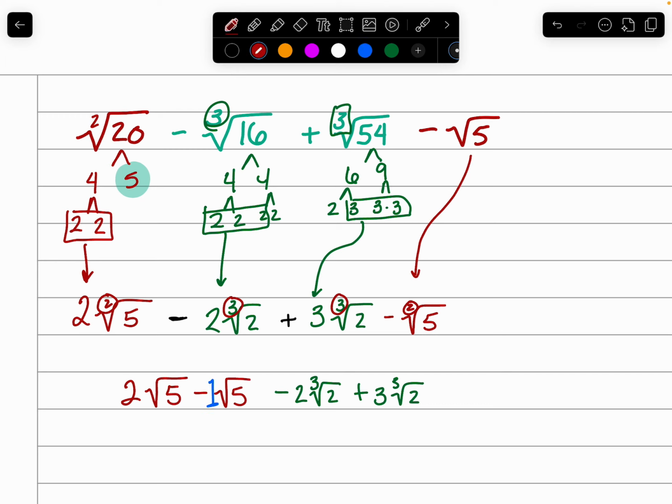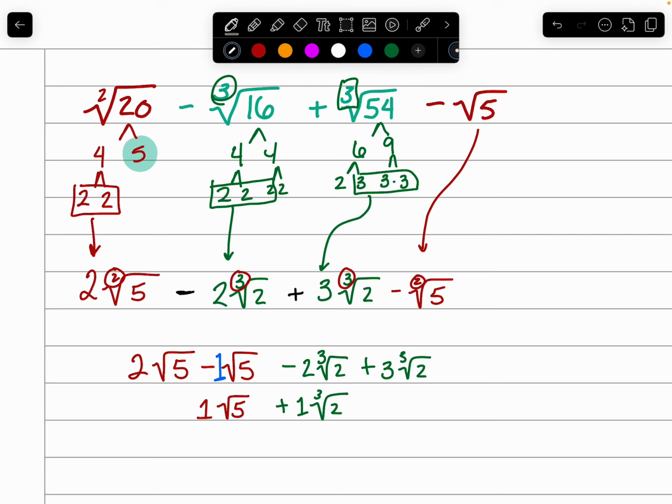So that's just 2 minus 1, which is just 1 square root of 5, minus 2 plus 3, which is positive 1, cube root of 2. So my answer is square root of 5 plus cube root of 2. If you want to leave your answer like this, it's okay with me. Okay, if you have any questions, please let me know.